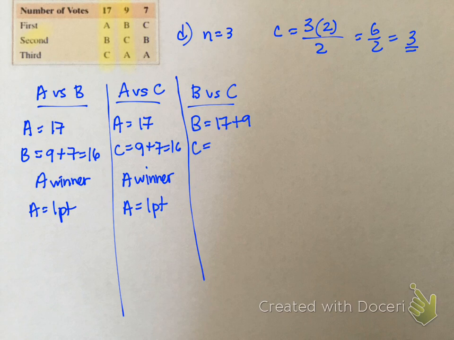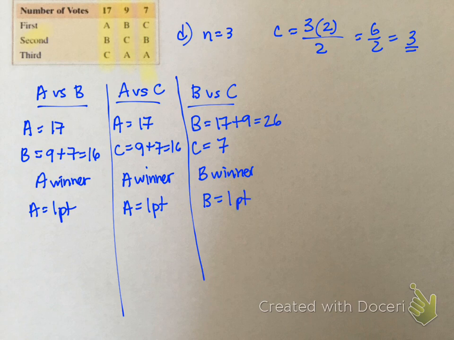And then the last column, C is over B, so C gets first place, B gets second place, C gets the points of 7. So 17 plus 9 is 26. So in this case, B is the winner. So B is awarded 1 point.